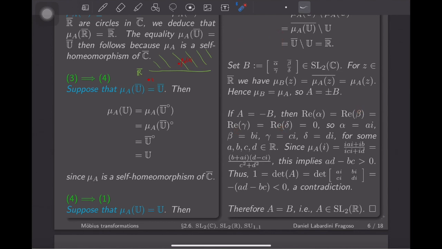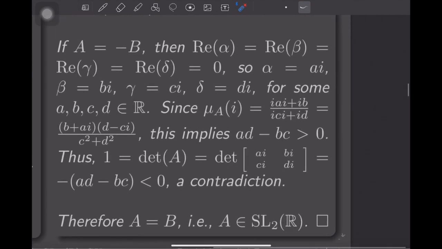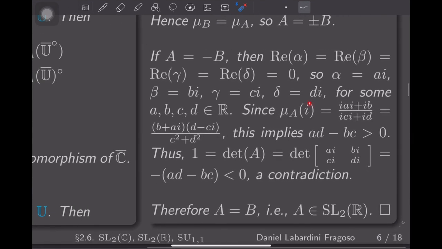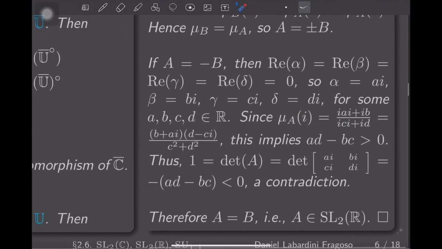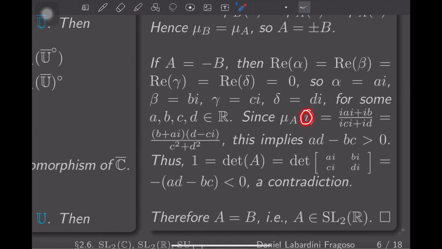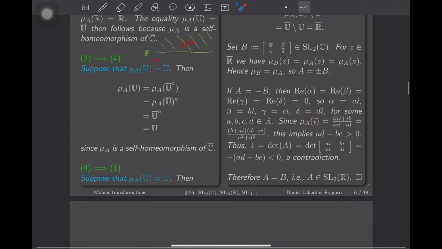So those real parts are all 0, which means that alpha itself is just a real multiple of i, and so are the others. And then I evaluate at i, because what I know is that mu A sends i to something with a positive imaginary part.